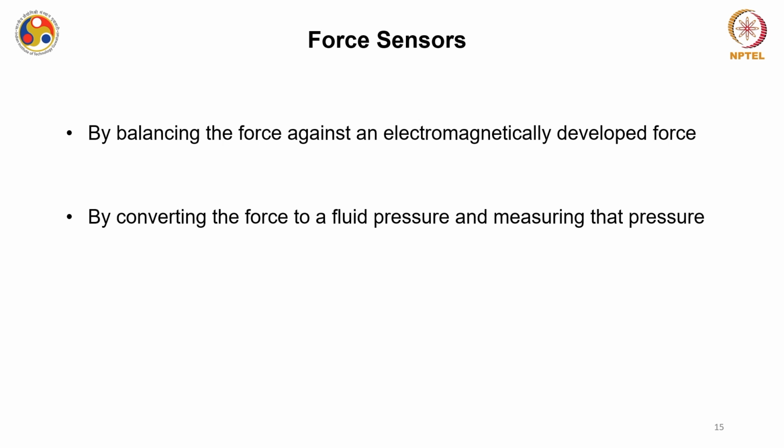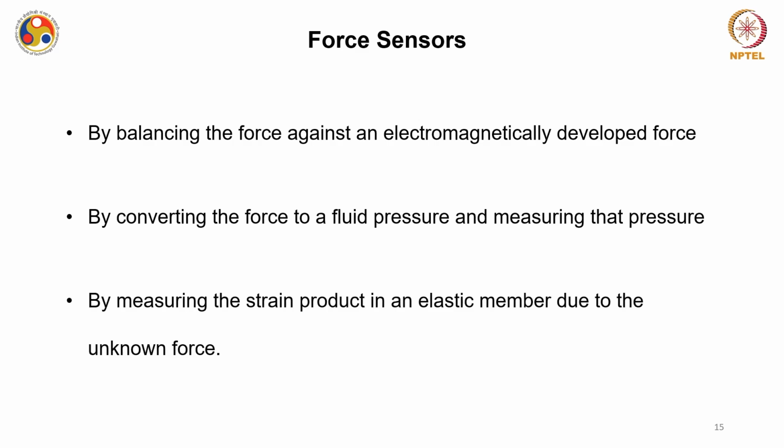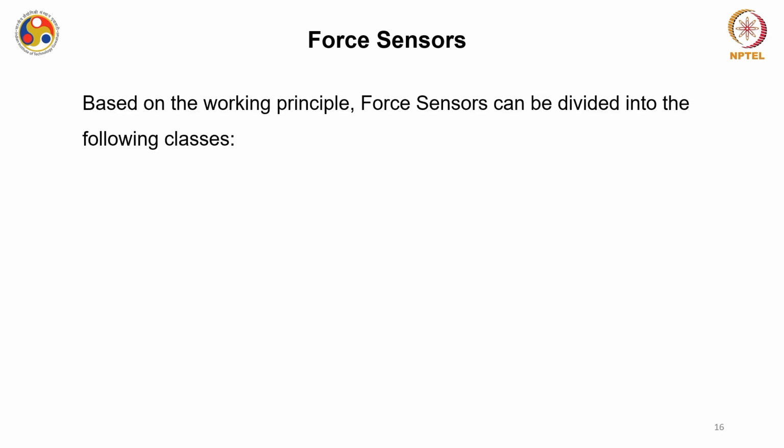There is another way to measure force: converting the force to a fluid pressure and then measuring that pressure. If you know the area, you can calculate the applied force. Another way is by measuring the strain produced in an elastic member due to the unknown force. In an elastic member, if you know the strain, you can calculate the force, and that is how strain gauge based force sensors work.